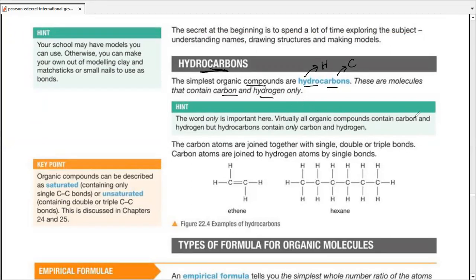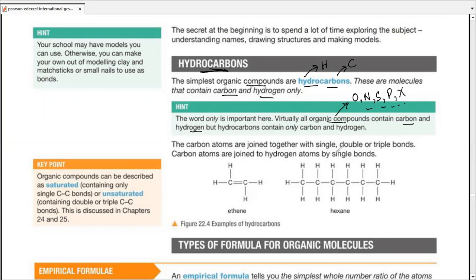Virtually all organic compounds contain carbon and hydrogen, but hydrocarbons contain only carbon and hydrogen, which means other organic compounds may contain oxygen on top of carbon and hydrogen, may contain nitrogen, sulfur, phosphorus, or even halogens. So these are the most common atoms along with carbon and hydrogen in organic compounds, all right?